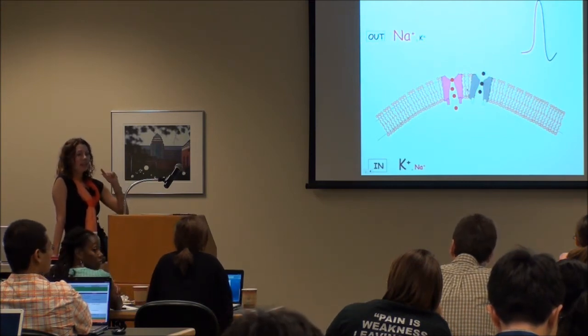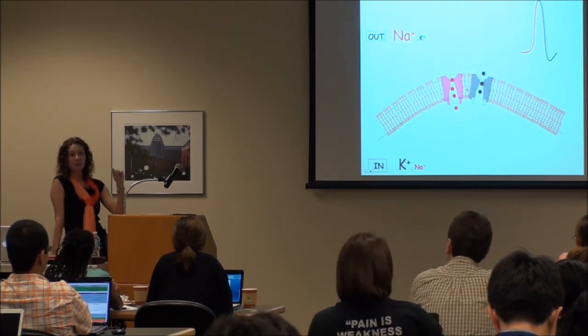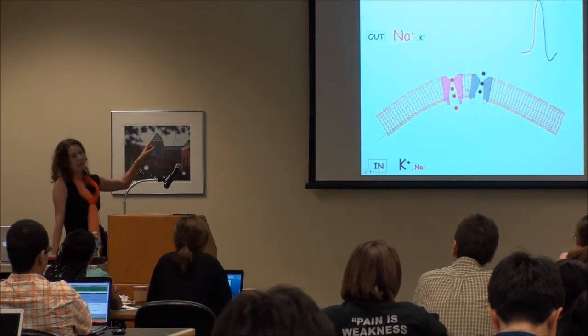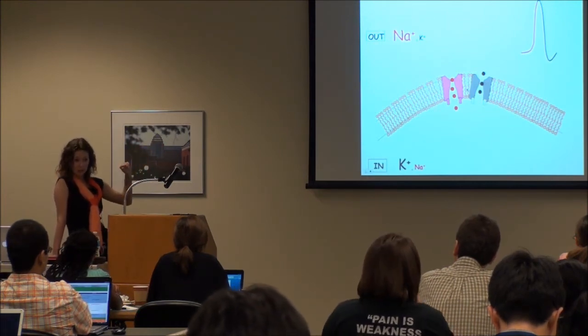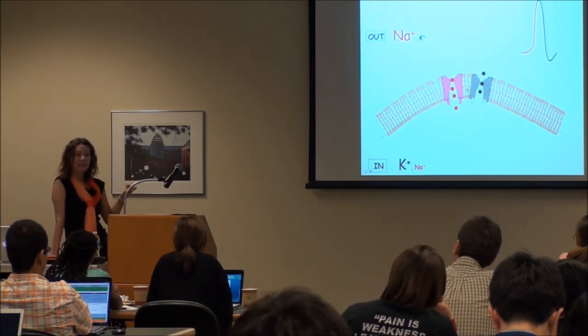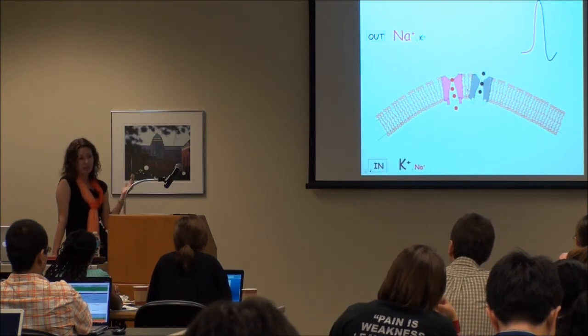But still this goes on for a while. So there are sodium potassium pumps that actually work to reestablish the gradients. They move 3 sodiums out and 2 potassiums in for each ATP molecule. So there are ATP dependent pumps that do that. But even if you poison the pumps, you can still generate action potentials for hours.